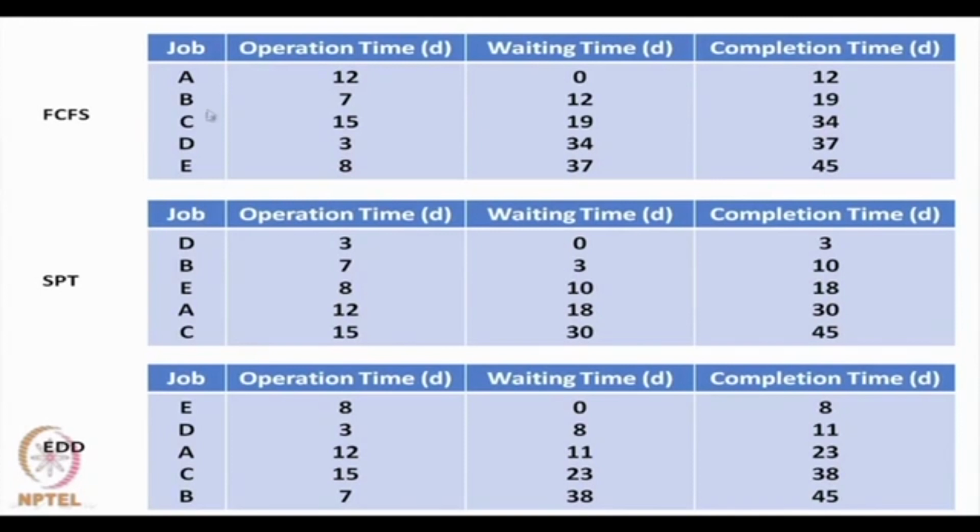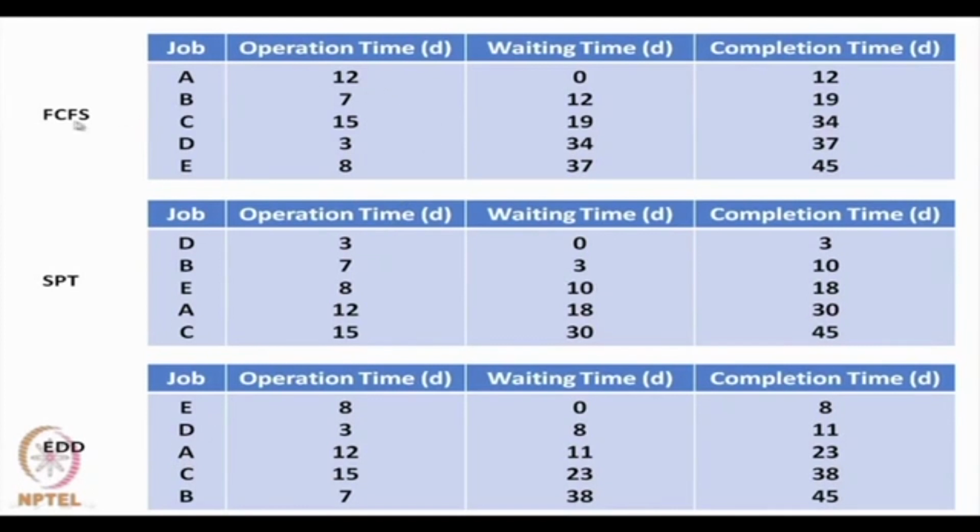This is the sequence A, B, C, D, E. For SPT, the sequence is D, B, E, A, C, and for expected due date, the sequence is E, D, A, C, B. Accordingly, the operation times are mentioned here: 12, 7, 15, 3, 8, 3, 7, 8, 12, 15, 8, 3, 12, 15, 7. They are just the corresponding operation times of the jobs. So, these are written down in sequence.